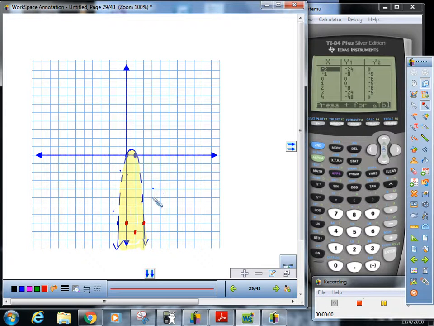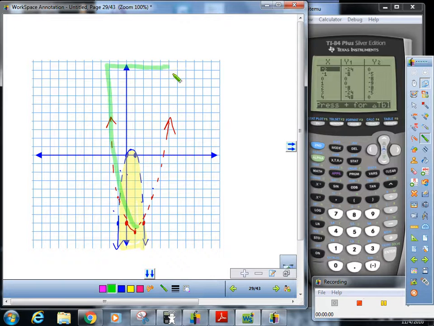And now by symmetry, I know that it'll be negative 1, negative 5. And this is also dashed. And we would want to go above that one. I'll change this to a green. And then the answer to the question, I'll turn into pink. And that's everything green and yellow is our answer.